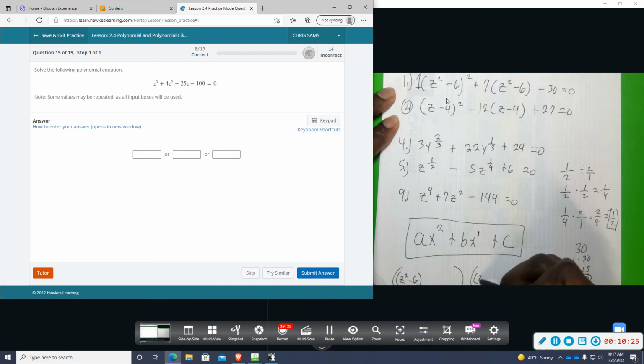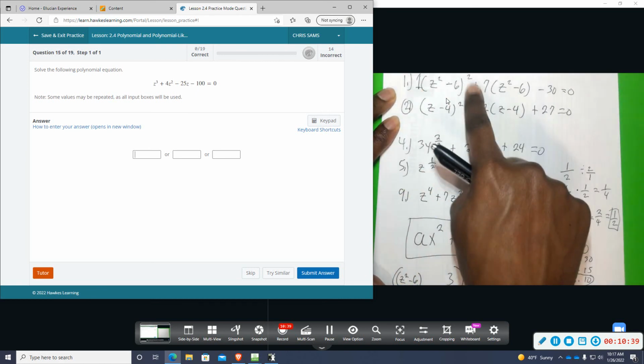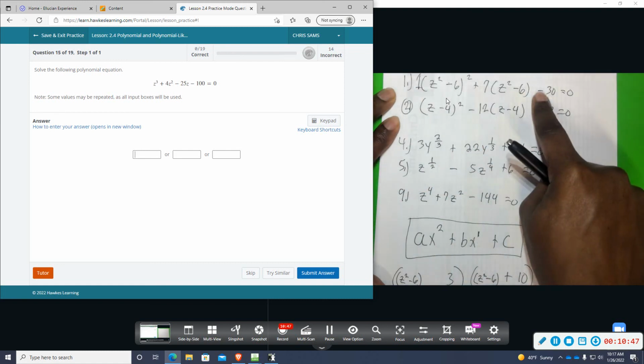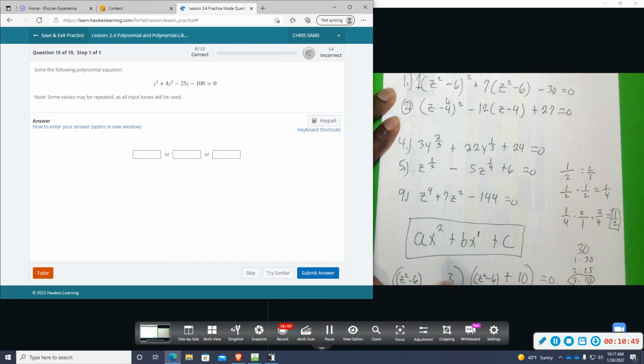Put it up front, z squared minus 6. And then at the back, we put the two numbers we found, 3 and 10. The order doesn't matter, you can put them in either one. Then we figure out the signs going left to right. The first sign is positive, so my bigger number from 3 and 10 is 10, so it's going to be positive. And then my second sign is negative. That means these are going to have different signs, so this is going to be a negative.